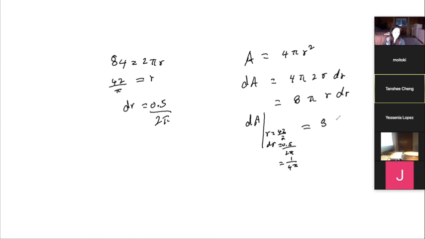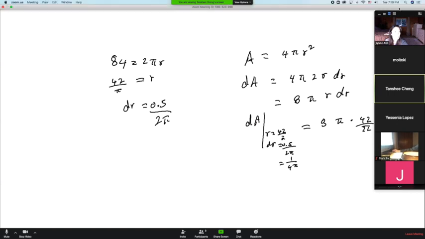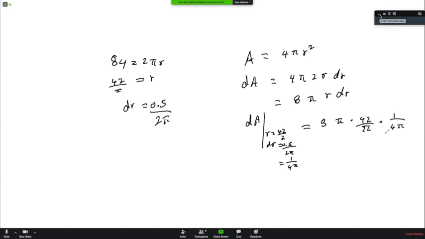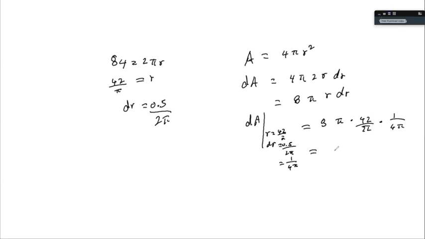So you're going to be substituting 8 pi times r, which will be 42 over pi, times dr, which will be 1 over 4 pi. Which gives us 84 over pi. And this is area, so it will be in centimeters squared.